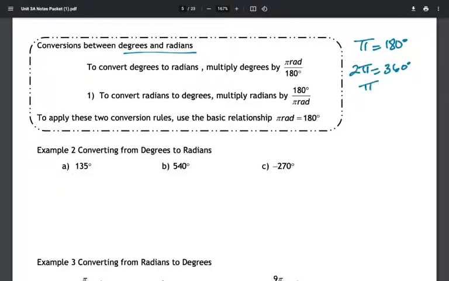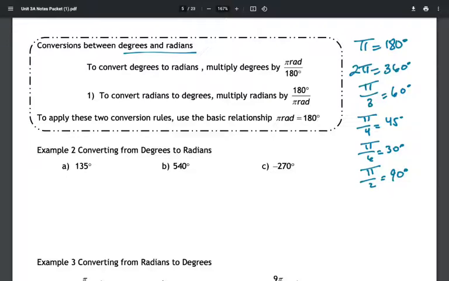If I did pi over 3, that's the same thing as 60 degrees, because I'm basically saying 180 divided by 3. If I did pi over 4, that's 45 degrees. Pi over 6 is the same thing as 30 degrees. And then I forgot, pi over 2 is 90 degrees. Okay, so those are easy ones to do. We're going to have to do some that are not quite so simple.